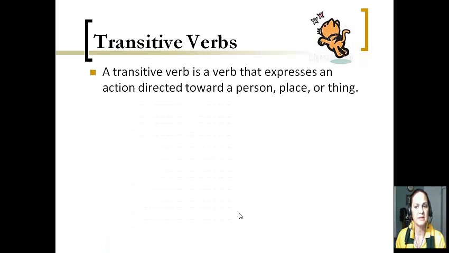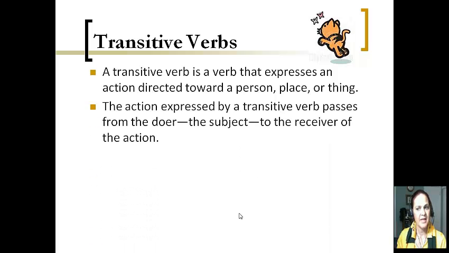So a transitive verb is a verb that expresses an action that is directed toward a person, a place, or a thing. The action expressed by a transitive verb passes from the doer, which is the subject, to the receiver of the action, which is in the predicate. So now we're putting all of our lessons together. Way back at the beginning, we talked about the subject part of the sentence and the predicate part of the sentence. Now, when we're talking about a transitive verb, you're taking an action that is done by the subject with the transitive verb, and that's passed to the predicate part of your sentence.